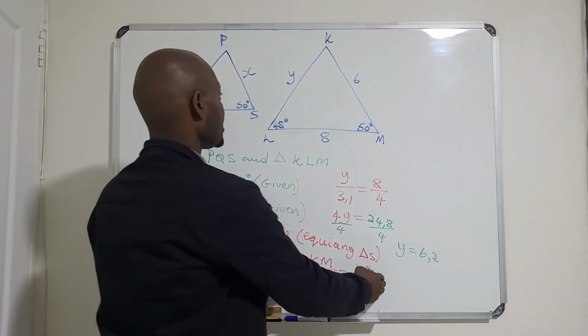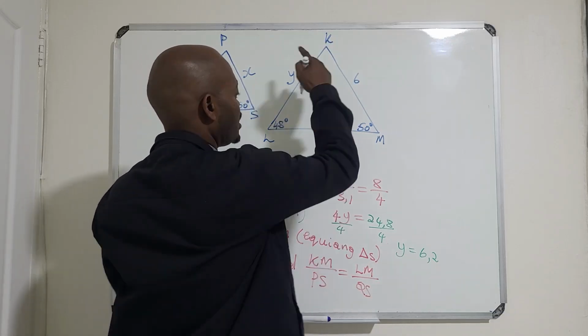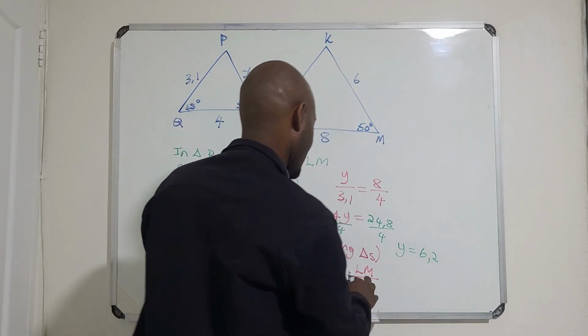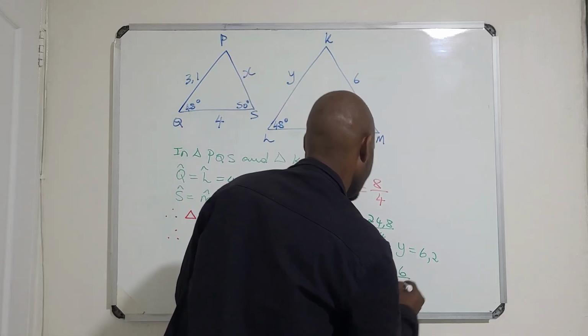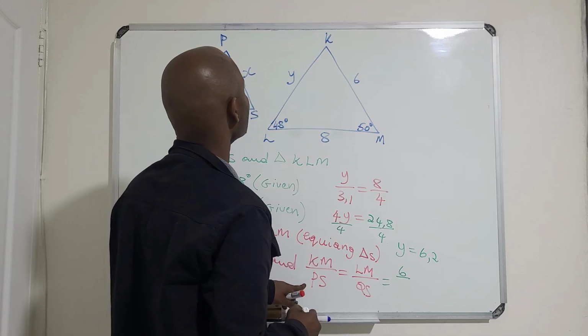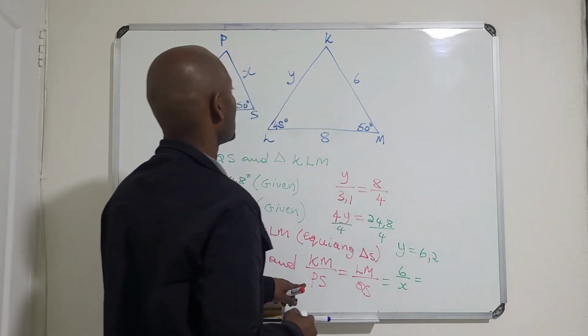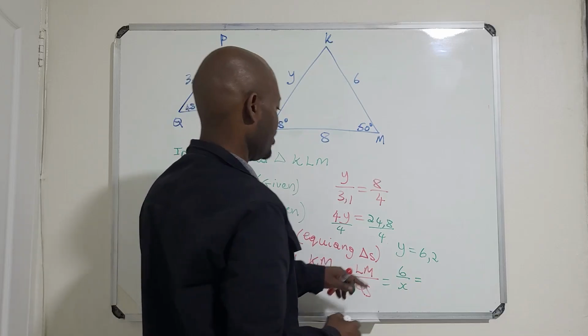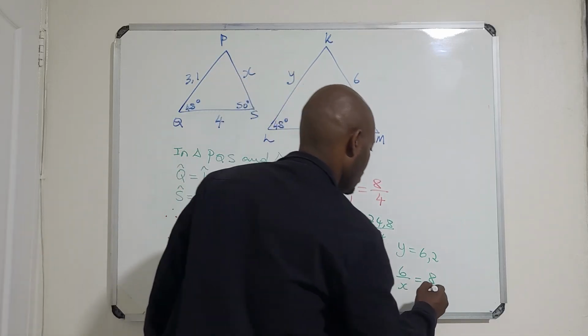Now we use this to find x. So KM is 6. This is the same as 6 over PS, which is x, equal to LM is 8 over 4.